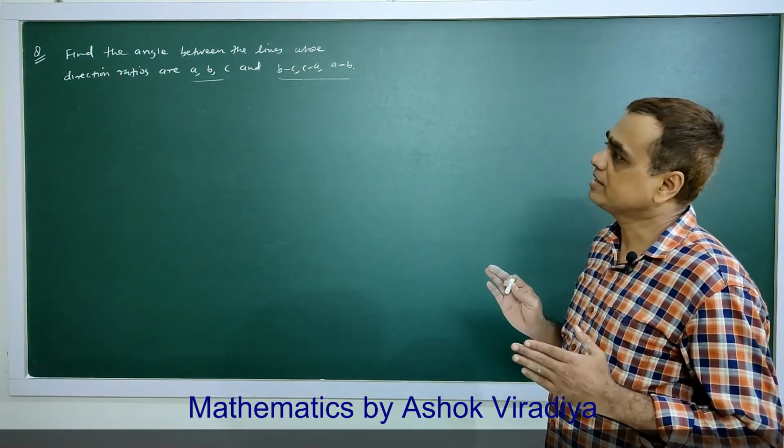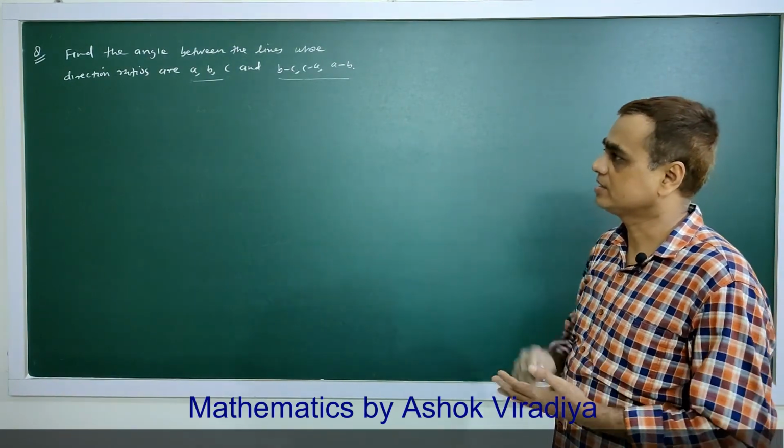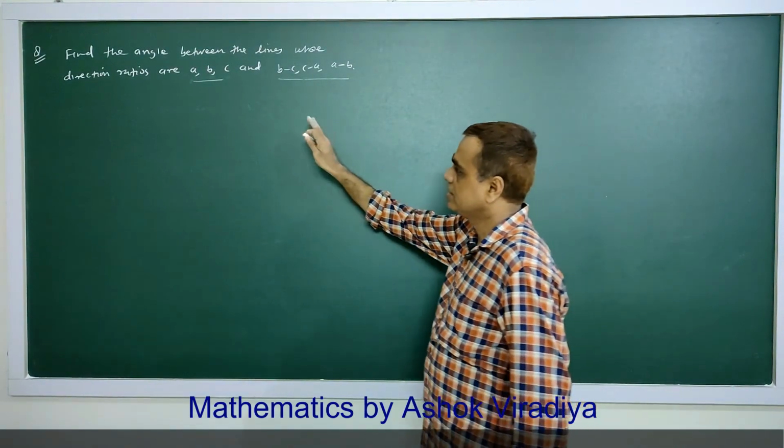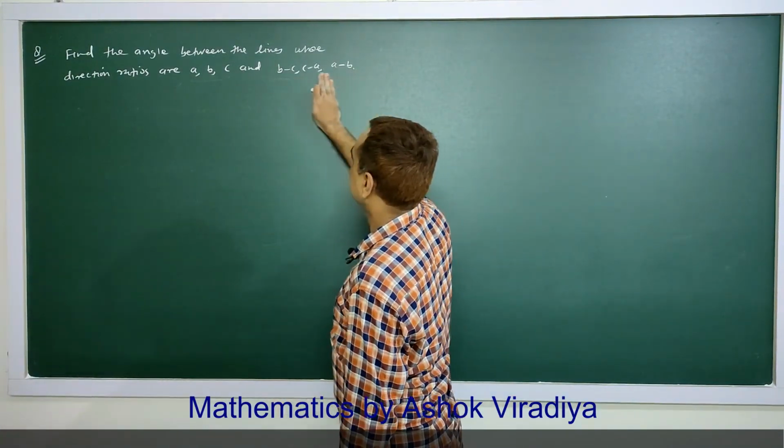Find the angle between lines whose direction ratios are given: A, B, C direction ratios of the first line and direction ratios of the second line.